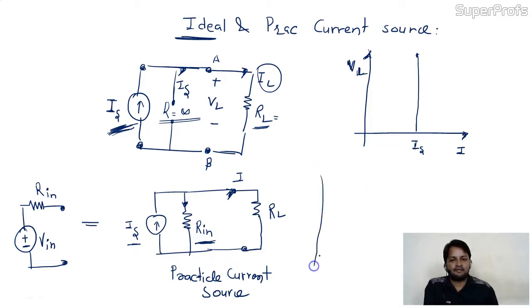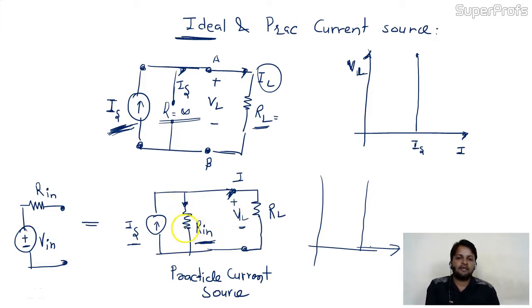If we talk about the VI characteristics, if you increase the value of voltage here, the current changes. You are increasing the voltage, and this voltage is the same across RL and Rin. Suppose you are increasing the value of VL, so the current going into this branch will be increasing, because V is directly proportional to I. If V is going to increase, the current will also increase.